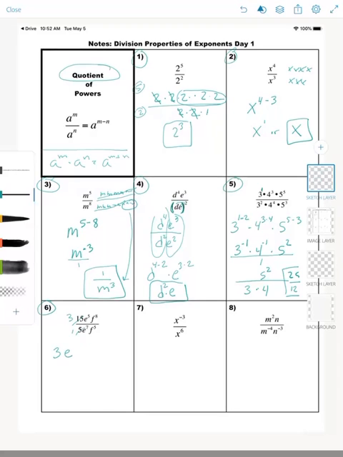So we have 3. e, dividing, we can subtract exponents, so that'll be 5 minus 7. f to the 8 minus 5. So 3e to the negative 2, f to the third. The 3 and the f to the third can stay on top. And e to the negative 2 goes to the bottom.